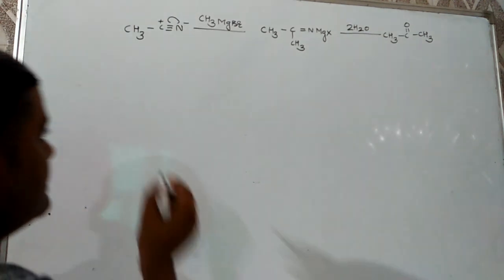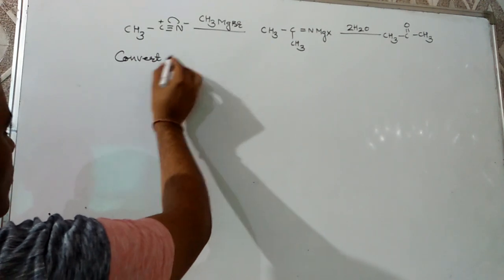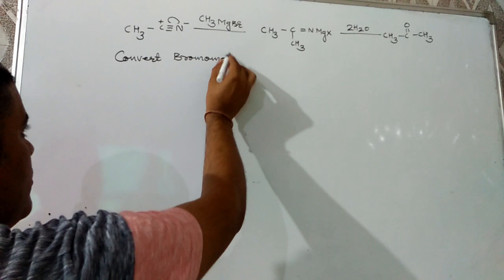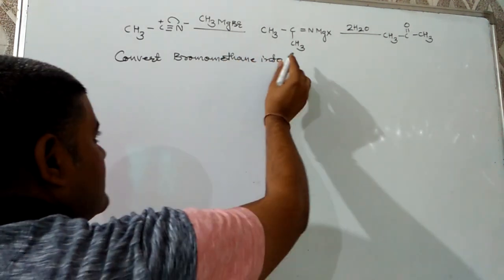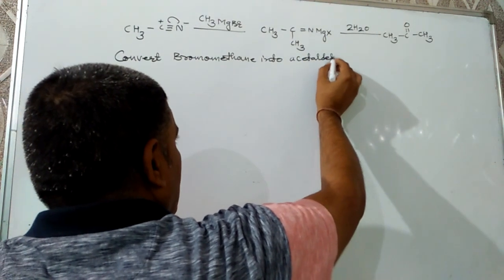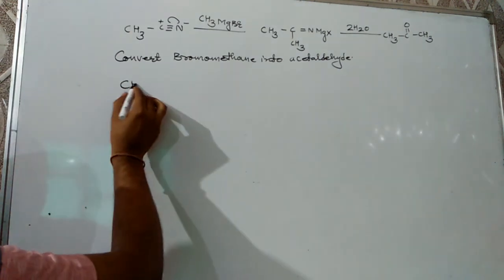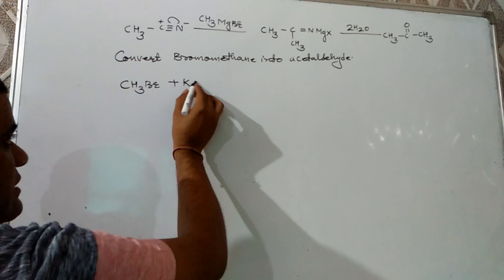Now, next is: convert bromomethane into acetaldehyde. Here, first CH3Br, then we add KCN to it.